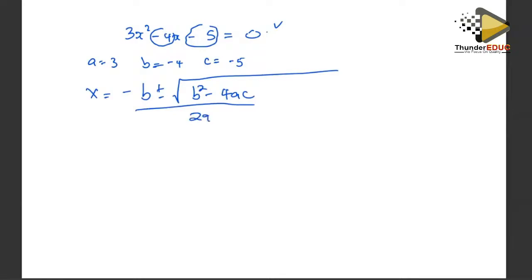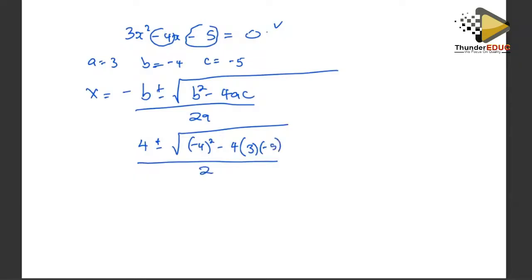Let's substitute, so a negative and negative, that's gonna give us a positive 4 plus minus square root of negative 4 squared minus 4 into 3 times negative 5 divided by twice 3. Okay, so for as long as we've showed the equation, the substitution part, the next part should be just the answers.